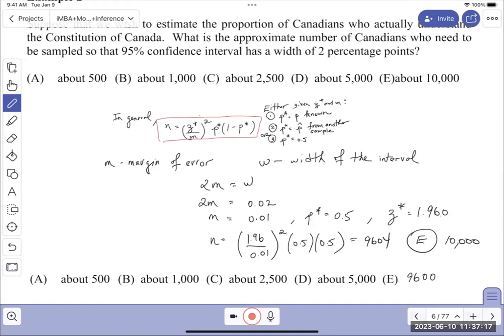I think I have to change another one too. Hold on. Change this. Okay, I'm going to change this one.